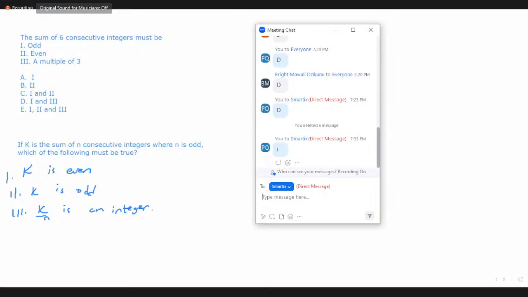Stacy, I'm struggling to read what you sent. It can be even or odd, but what if K over N does not give an integer? Are you asking me a question? What's the question?